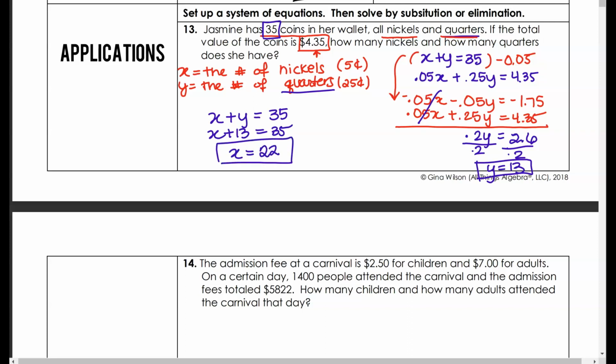So my final answer is not that X equals 22 and Y equals 13, but my final answer would be in words, right? A complete sentence: Jasmine has 22 nickels and 13 quarters.